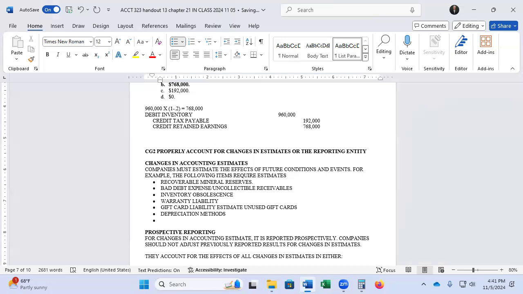Right, that's a big one. And then the other one is periods benefited by deferred costs. Ah, there you go. Thank you. You young people have good memories.